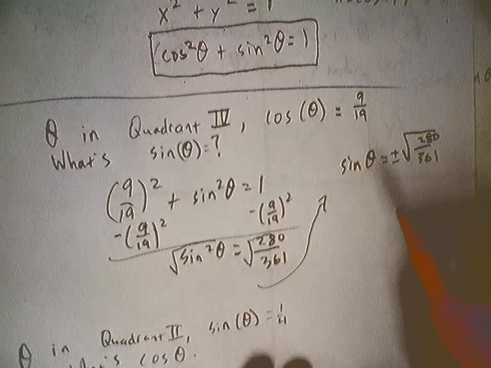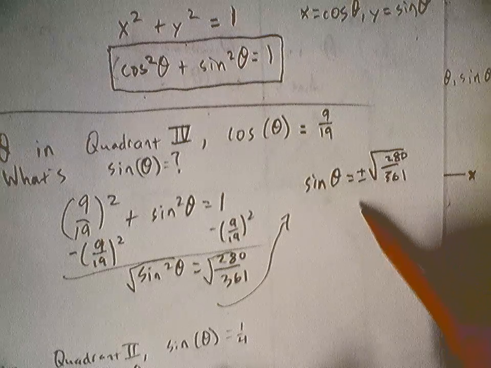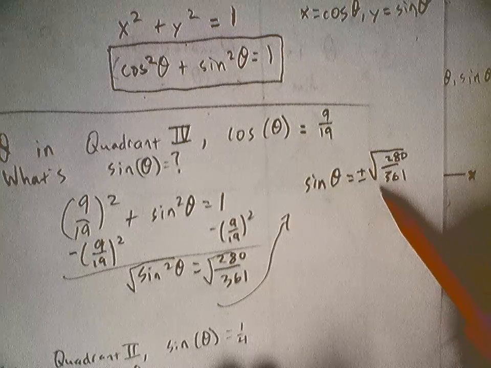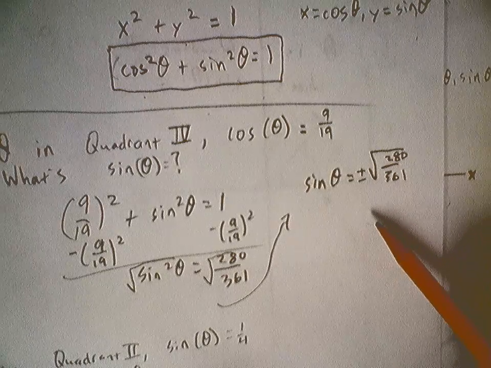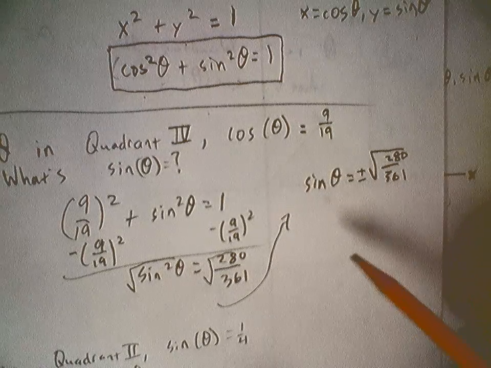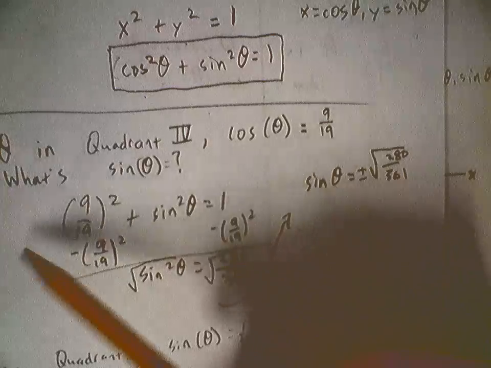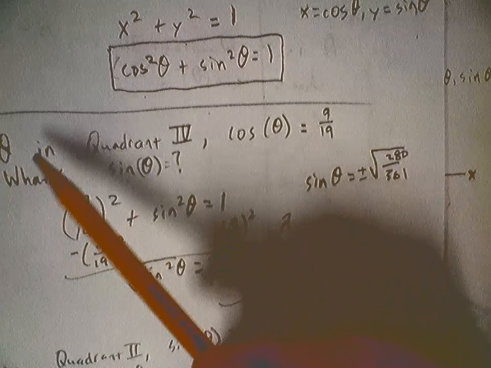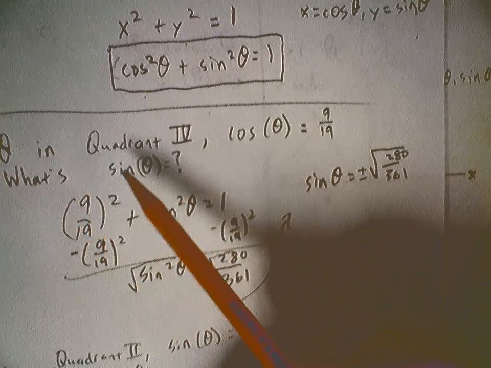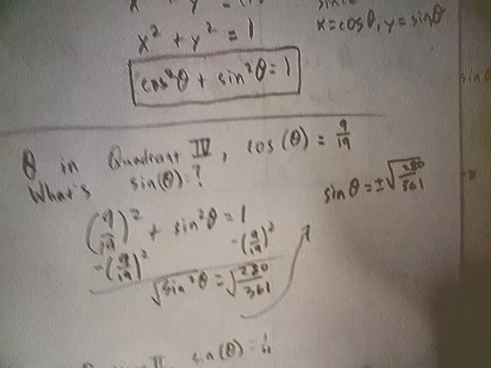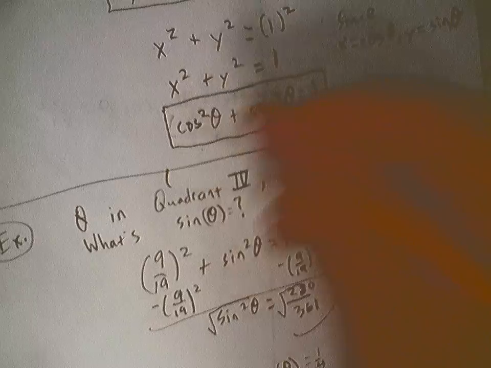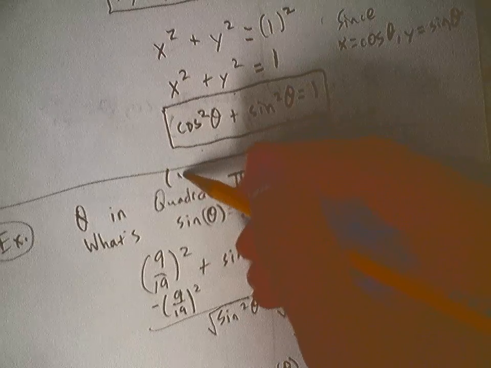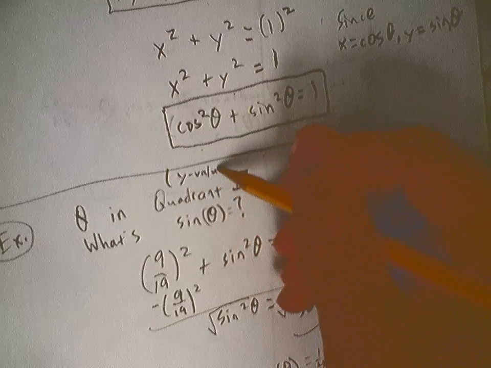So the question now is, is it the positive square root of 280 over 361, or is it the negative square root of 280 over 361? And this is where the location of our angle comes into play. Since it's in quadrant 4, remember what we know about quadrant 4: y values there are going to be negative.